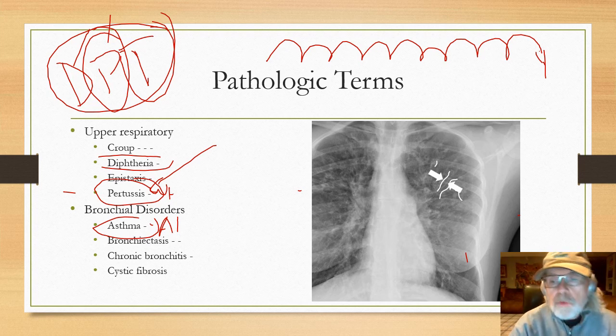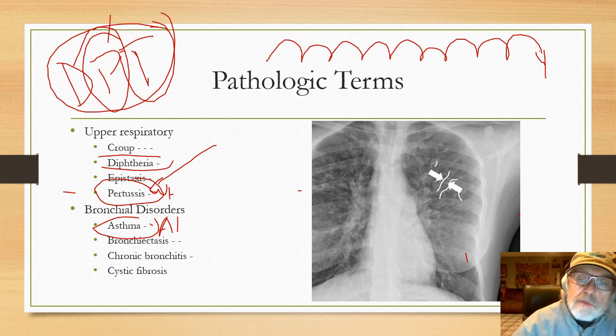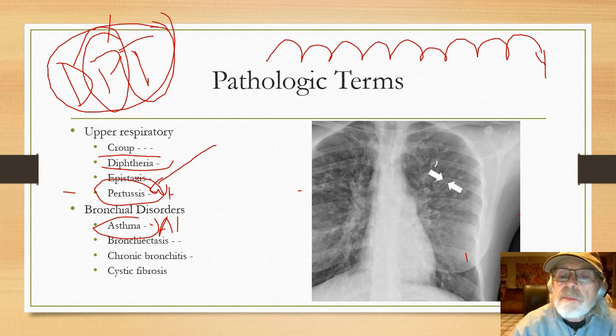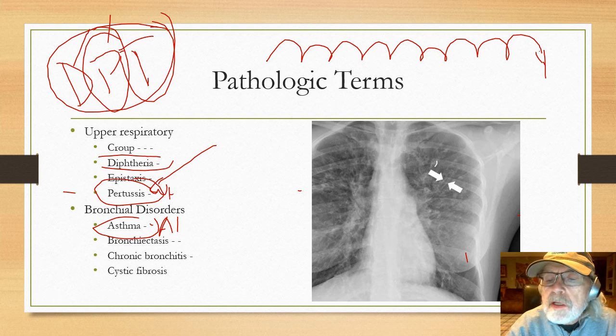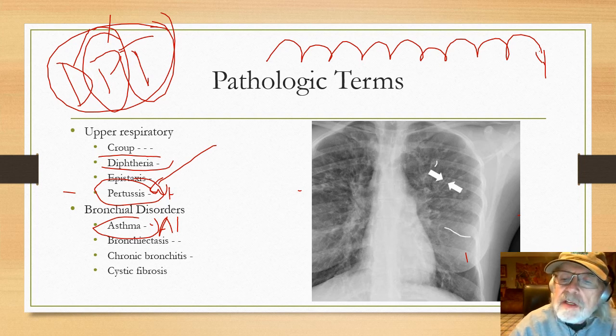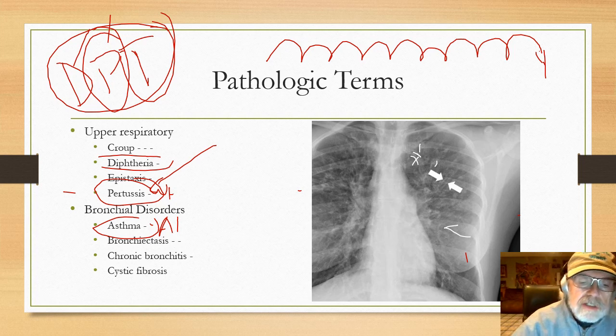It's not a very good thing. It's probably all filled with garbage and mucus and stuff like that in that little area. You could probably see a couple more if you look a little closer. Maybe you could see something down in here that looks like a little airway that's open. So this is called bronchiectasis.